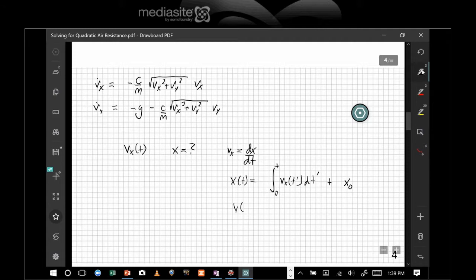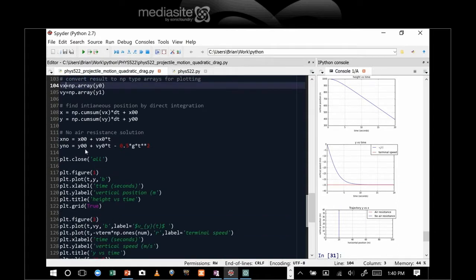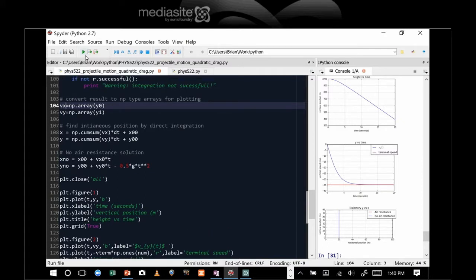And I can do that same thing for y as a function of time. So I can just integrate directly the solutions. Now, since in a computer I don't get an analytic form, I have to do the integration. I'm going to use cumulative sum to do that. Then I calculate the no air resistance solution just as a comparison, and let's plot.